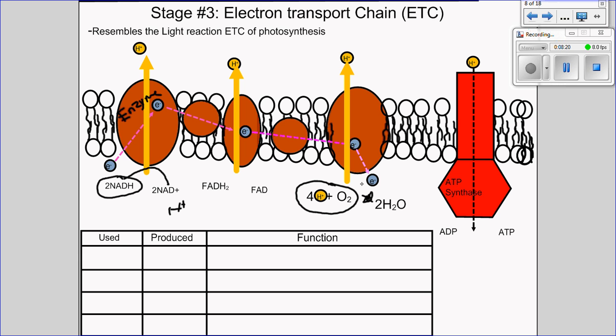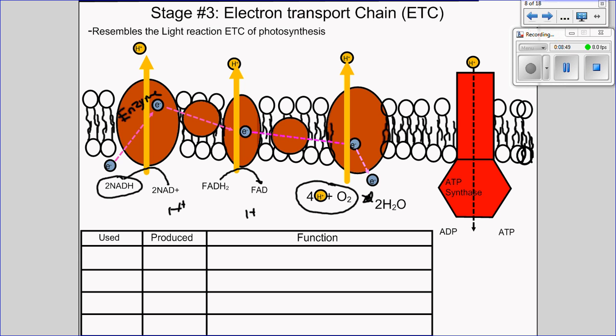So water comes from the electron transport chain. Just like in photosynthesis, water was split at the beginning of the electron transport chain. In cellular respiration, water is formed during the end of the electron transport chain. Another high-energy electron source is FADH2, and the FADH2 releases its hydrogens and provides energy for the electrons to flow down the electron transport chain.